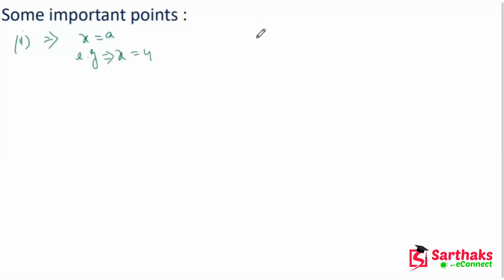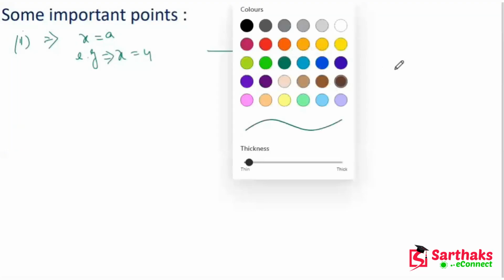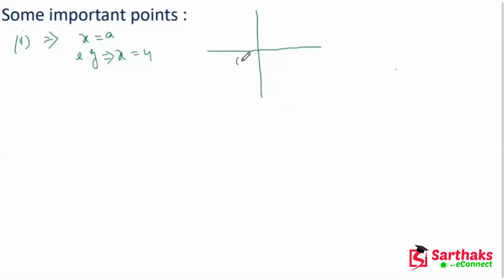Now let's draw the graph. This is our graph. This is the origin (0, 0), this is 1, this is 2, this is 3, and this is 4. So x equals 4 means it is a straight line parallel to the y axis, like this.